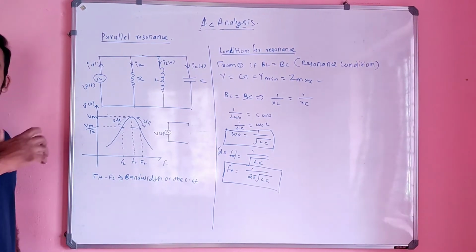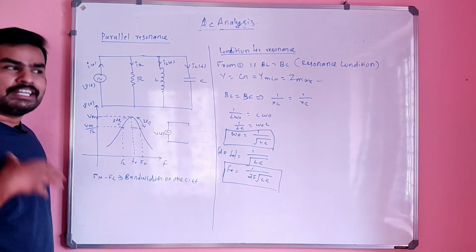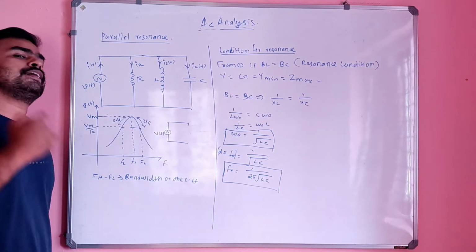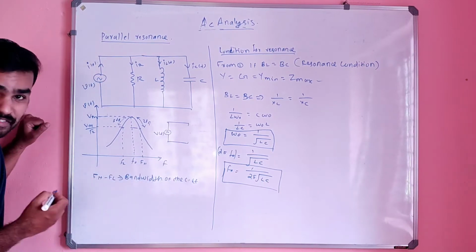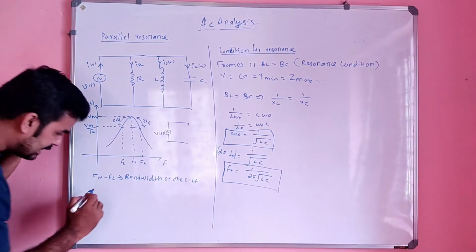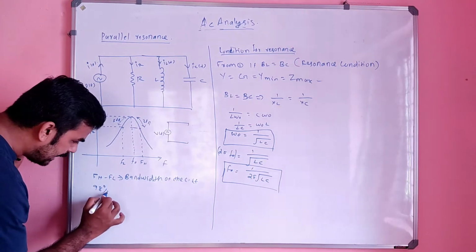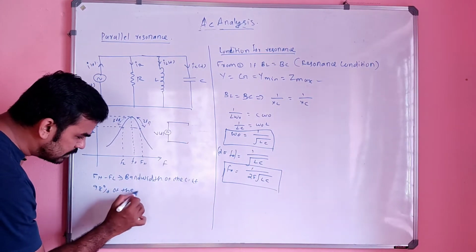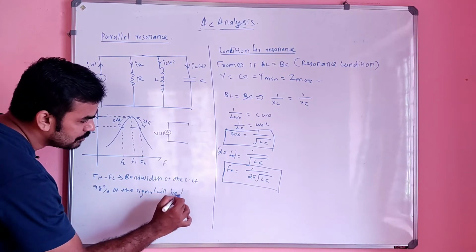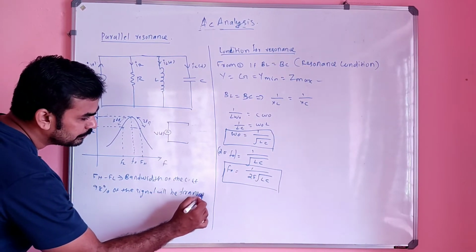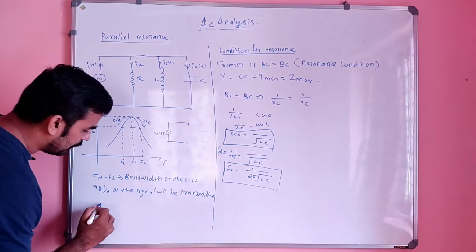Because whenever we transmit a signal, we are always trying to transmit a signal within this FL to FH region, so that 98% of the signal will be transmitted without loss.